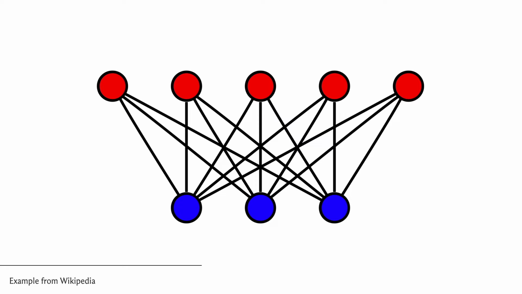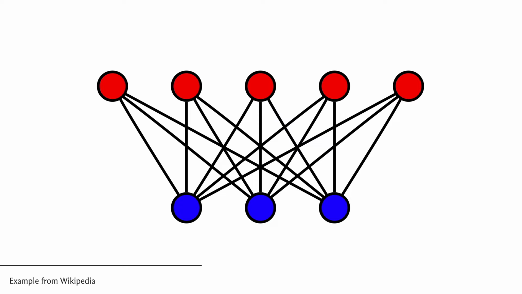All right, hopefully you had a chance to think about this for a bit. In this example, you can see that we have a bipartite graph where the parts have 5 and 3 vertices. And if you were to just count the number of edges, you will see that there are 15 edges, which happens to be 5 times 3. And one of the ways of seeing that it is indeed 5 times 3 for a good reason is to isolate the edges incident on each vertex on one of the sides.